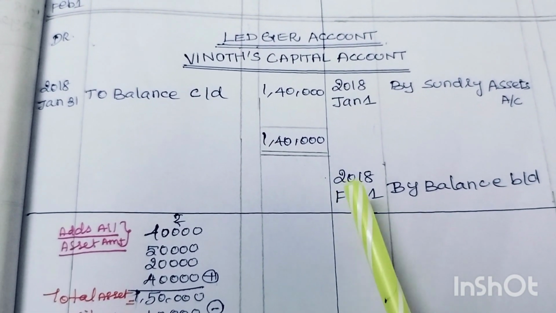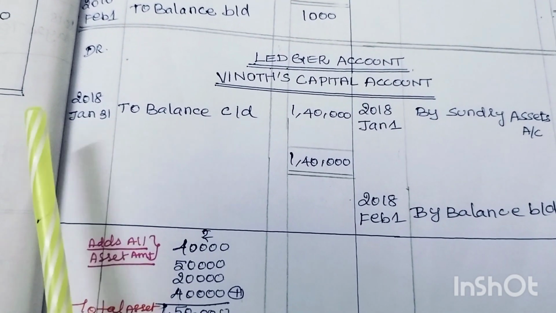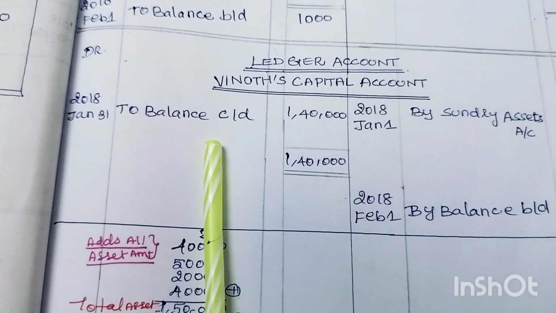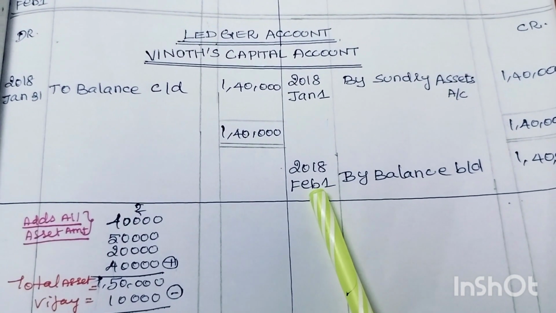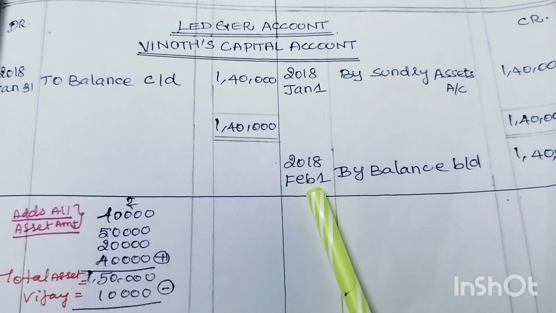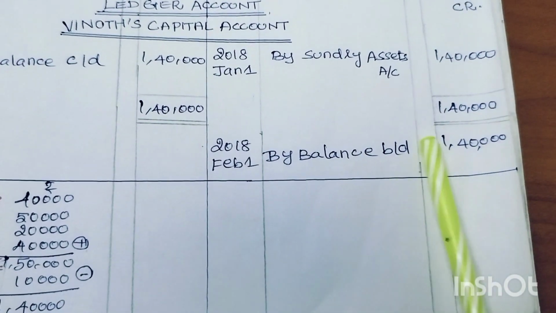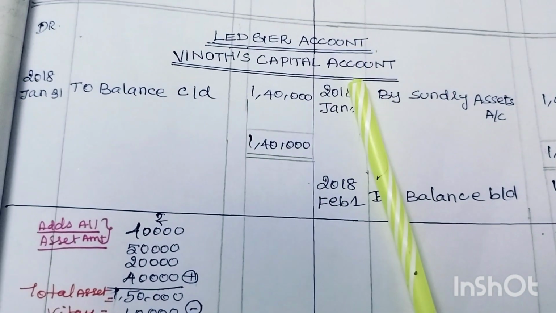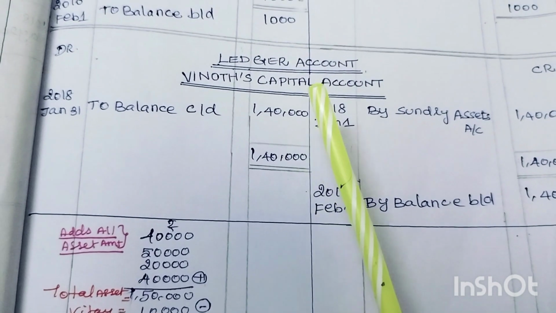We write it February 1. What is the next day after January 31? January 31 is the closing date. Okay, so February 1 is the opening date of the accounting period. By balance brought down means opening balance of the capital, Vinod's capital account. So Vinod's capital account posting is completed.